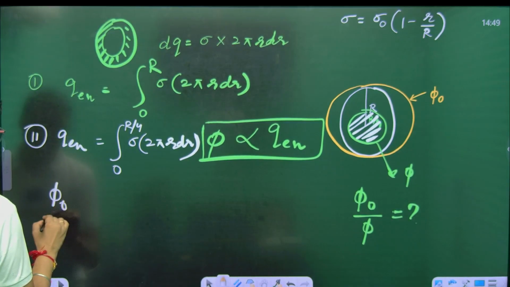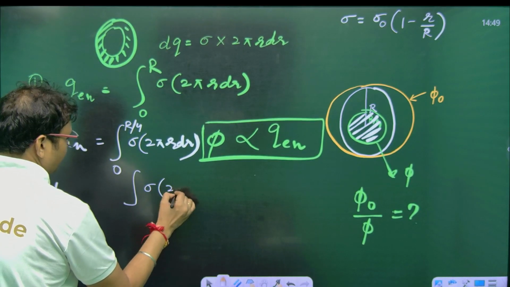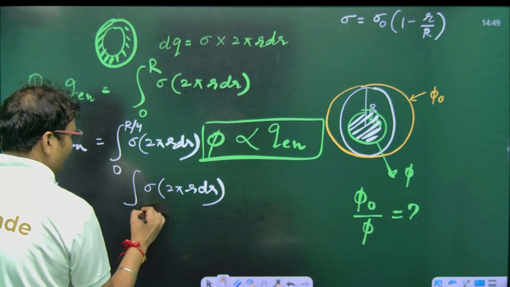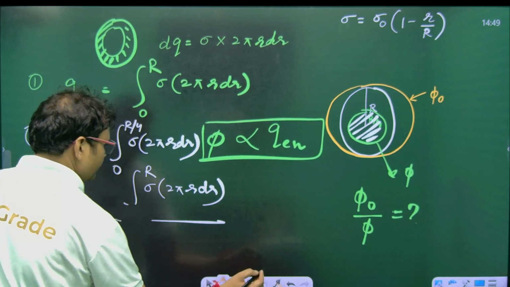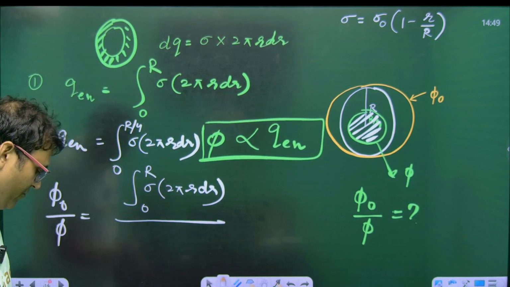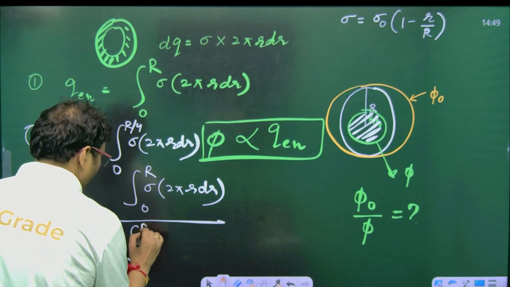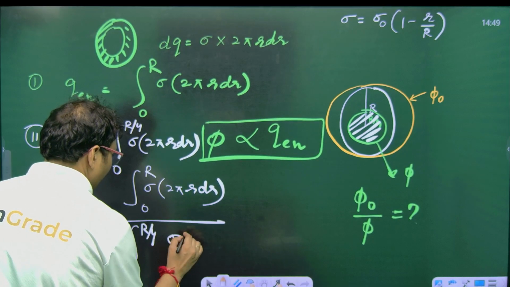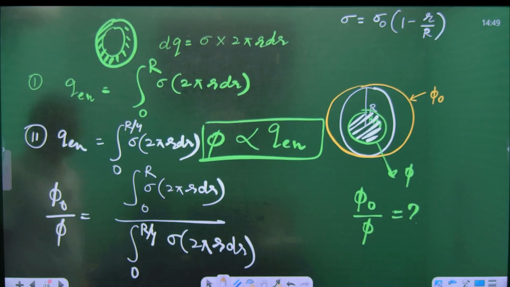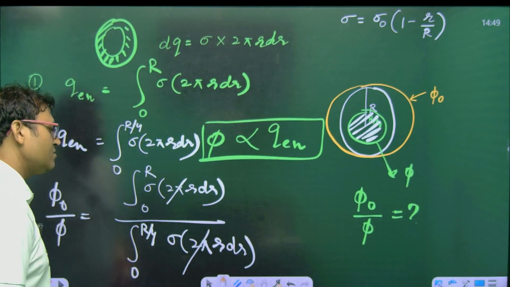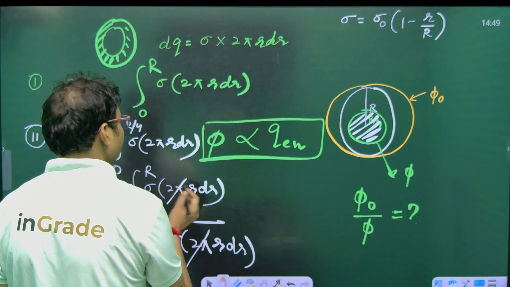So phi naught upon phi will be equal to the integration of sigma into 2 pi r dr, the limit will be 0 to R, divided by the integration from 0 to R by 4 of sigma into 2 pi r dr. So 2 pi gets cancelled out, and sigma is given by sigma naught into (1 minus r by R).